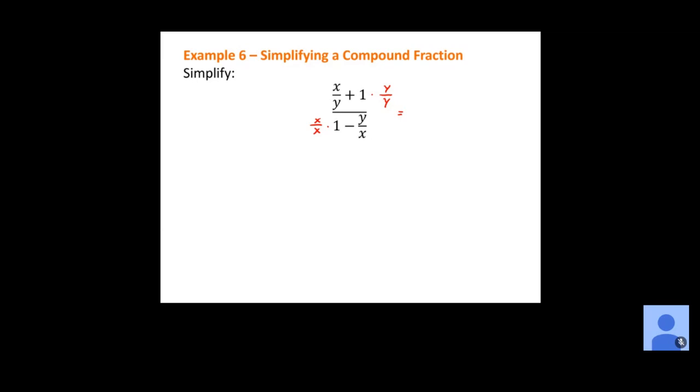And because I have that common denominator, I can combine those fractions. So what would that give us if we combine those? Good. So we're going to have an x plus y all over y. Any questions on how I got that fraction in the numerator now?